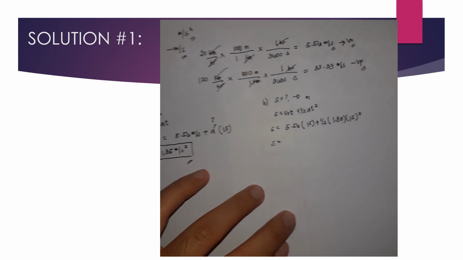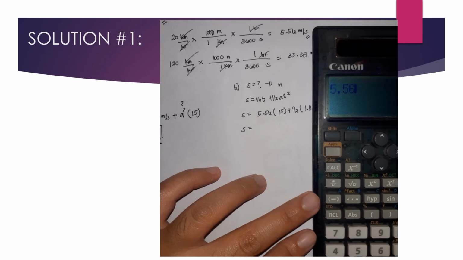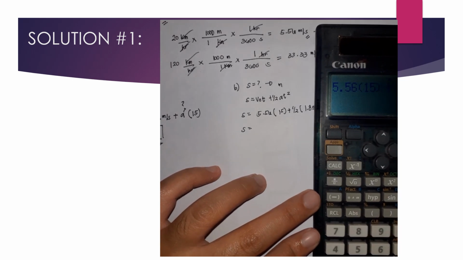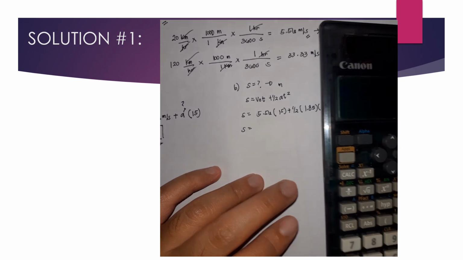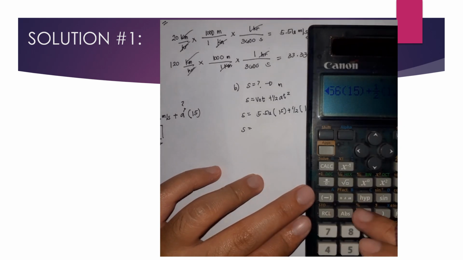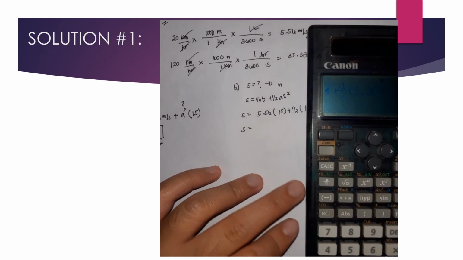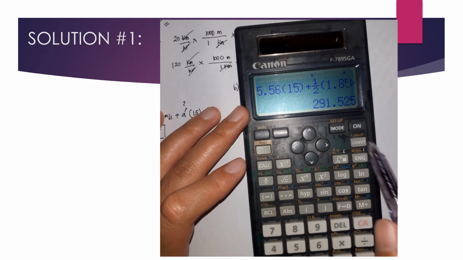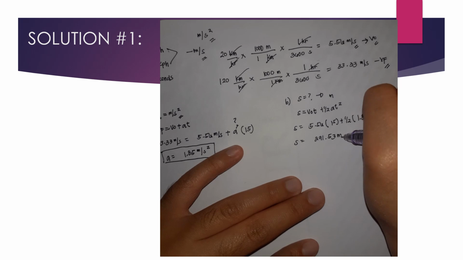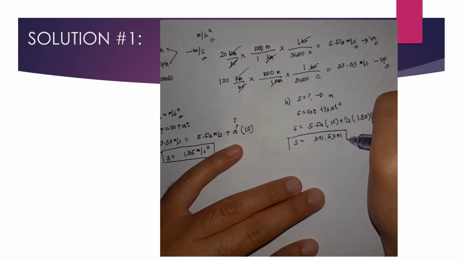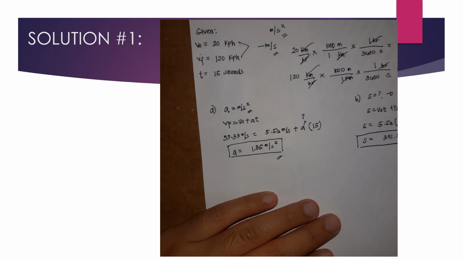So just calculate it. We have 291.525. So 291.53 meters. And this is our distance for letter B.